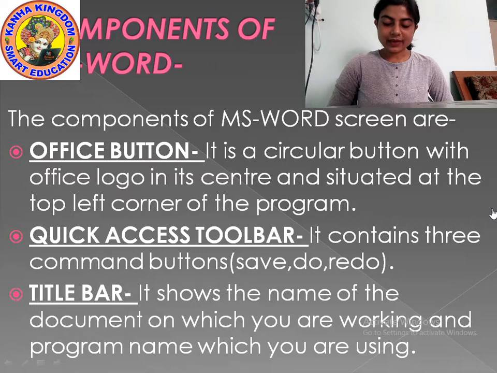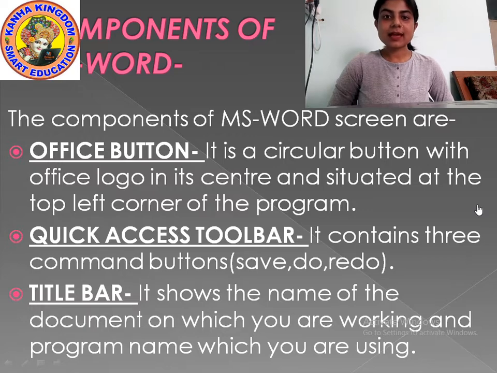And then comes the title bar, which shows the name of the document on which you are working and the name of the program which you are using. The name of the program that you are using will be shown in the title bar.